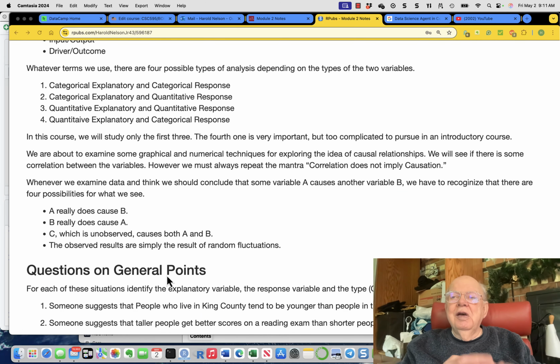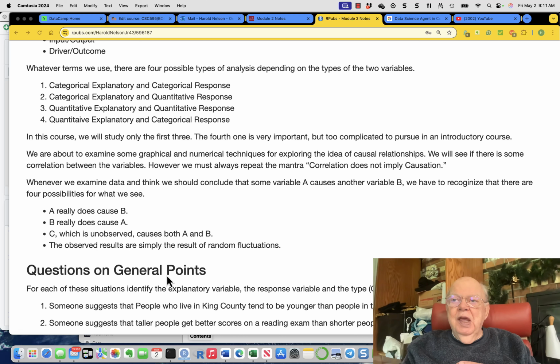Okay, causality is difficult to determine. If you think that something called A, the explanatory variable, causes something called B, the response variable, there are really four possibilities.